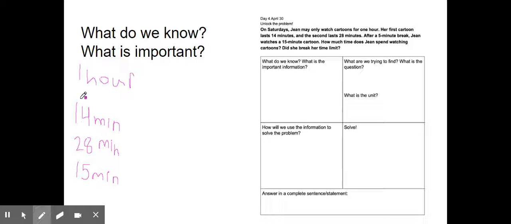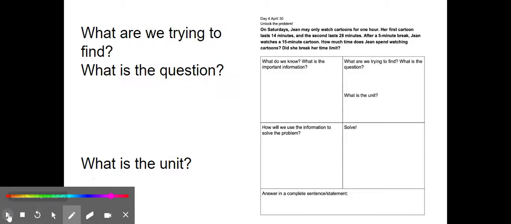But the rule that she's only allowed to watch cartoons is 1 hour. So the units here are different. I know that 1 hour equals or is the same as 60 minutes. So I'm going to add that to my important information because I want to use all the same units when thinking about this problem. Let's go to the next box.